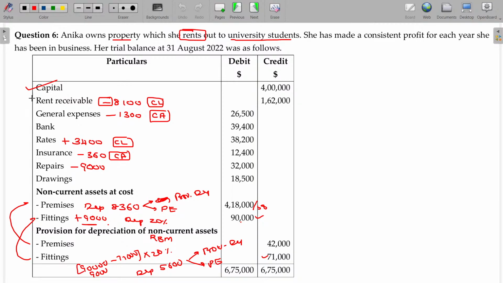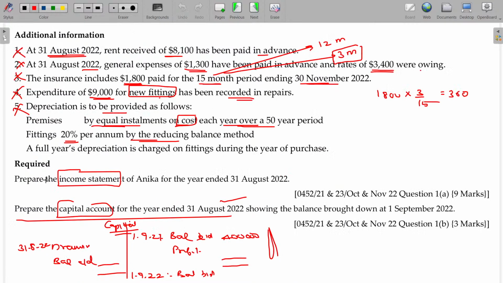You are just letting out the property and earning money. So this is the revenue. General expenses, profit and loss section expenses; bank, current assets; rates, profit and loss section expenses; insurance, profit and loss section expenses; repairs, profit and loss section expenses; and drawings will be adjustable in the capital account, 18,500.